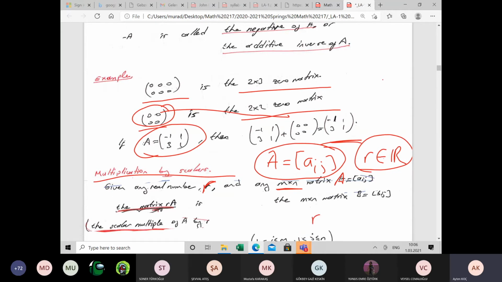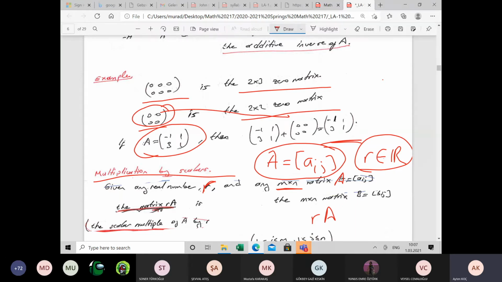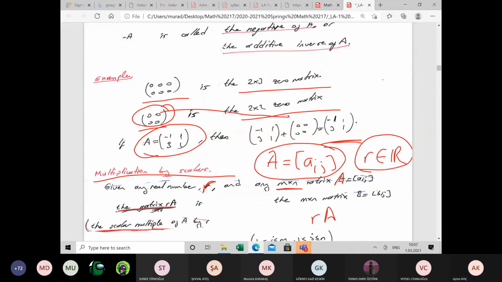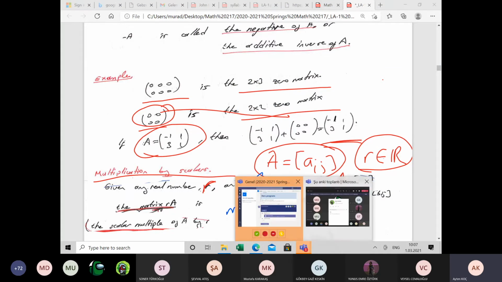The new matrix is denoted by this notation, R times A. It's okay, R times A. This one is a matrix. So what can you say about the new matrix? If R times matrix A, for example, this one is an n by n matrix. It's okay. Any question?